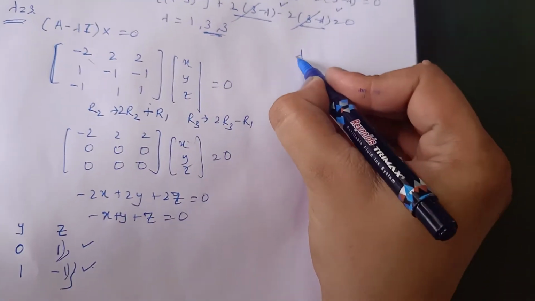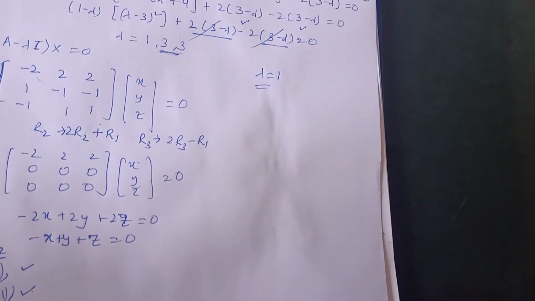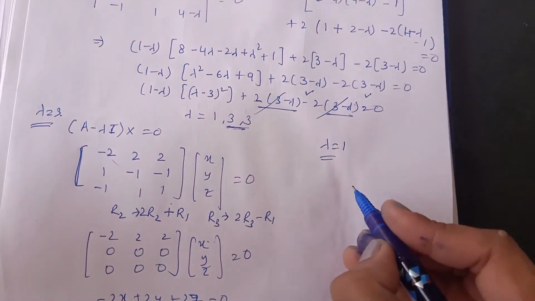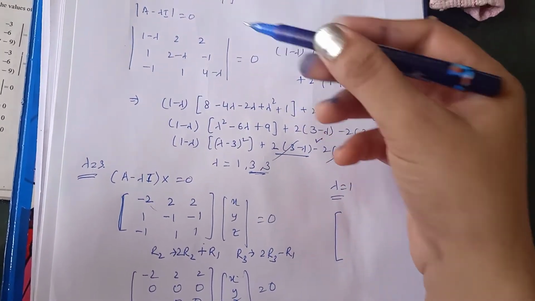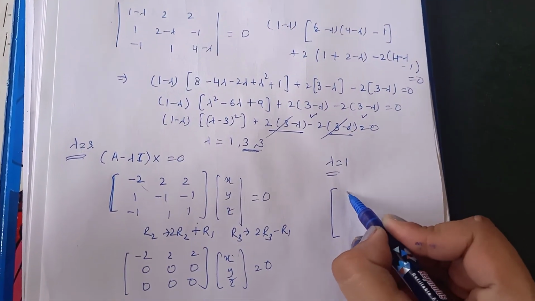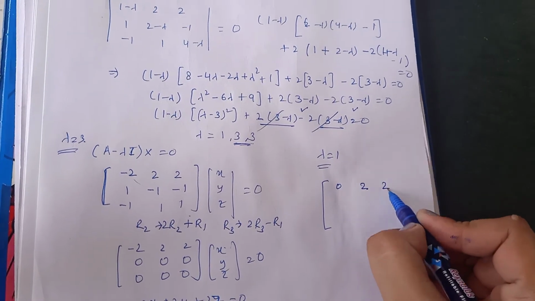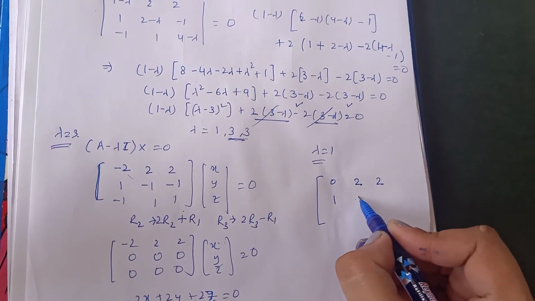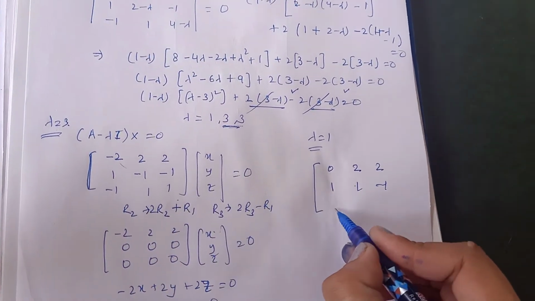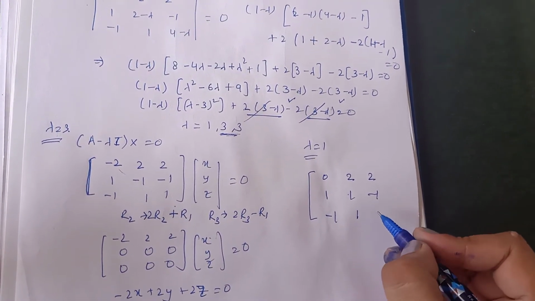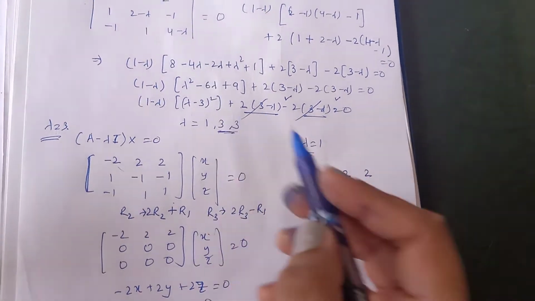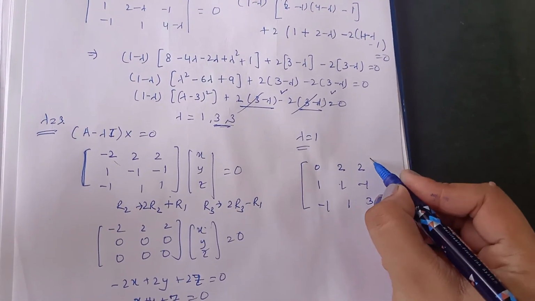For lambda is equal to 1, similarly you can obtain the eigenvector by putting lambda is equal to 1 in this A minus lambda I. So this will be 0, 2, 2, 1, 1, minus 1, and minus 1, 1, and as we are putting lambda as 1, this is 3.